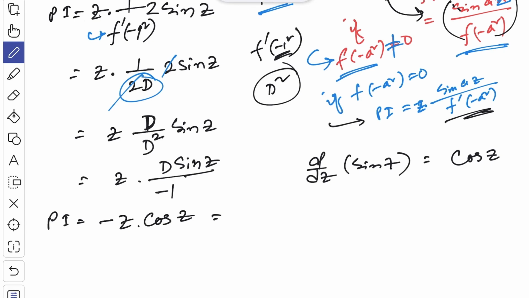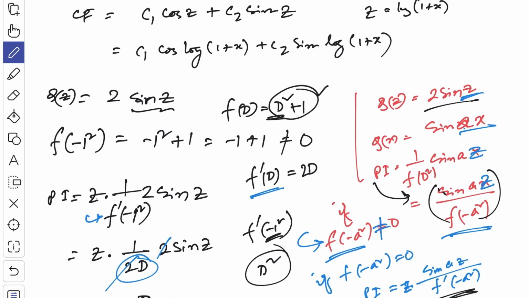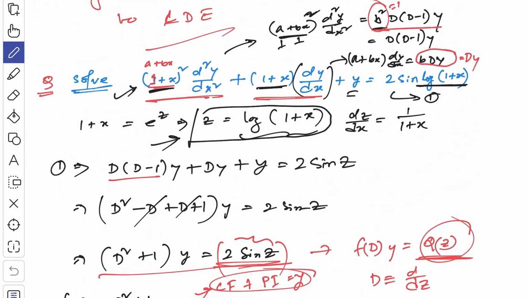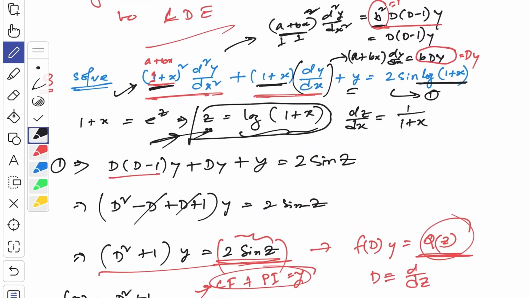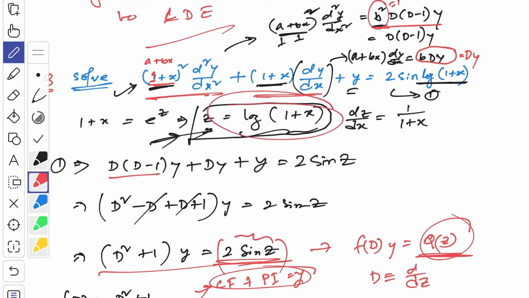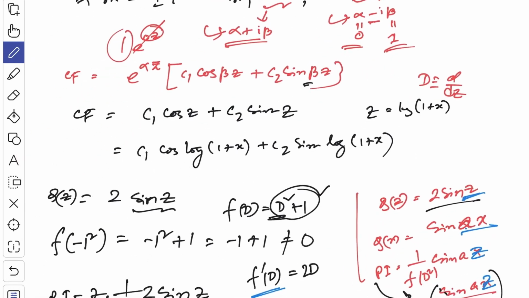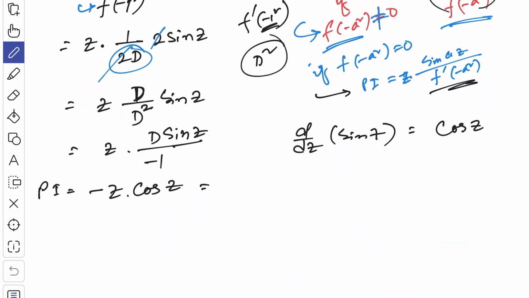Now z can be replaced by its value, you see, this is the value of z, log of 1 plus x. So we can replace z by log of 1 plus x, cos again log of 1 plus x.